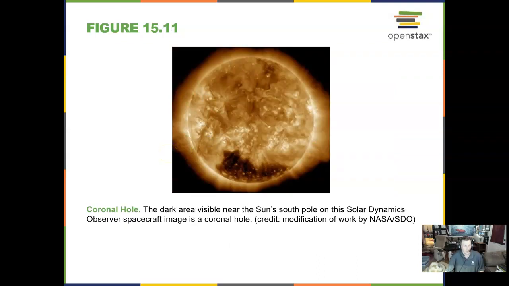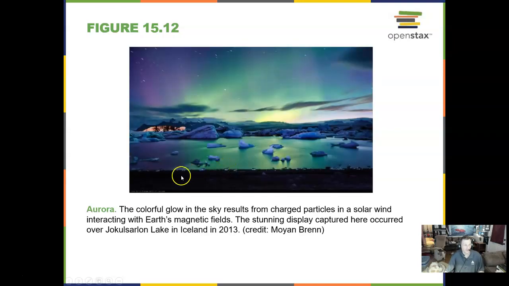A coronal hole is a gap in the corona where solar wind and charged particles escape and go out into the solar wind and can interact with the Earth and cause these beautiful auroras, or northern and southern lights. This one was captured over Iceland.